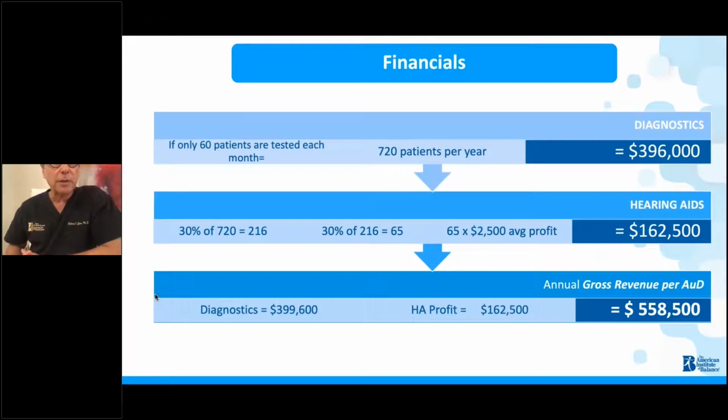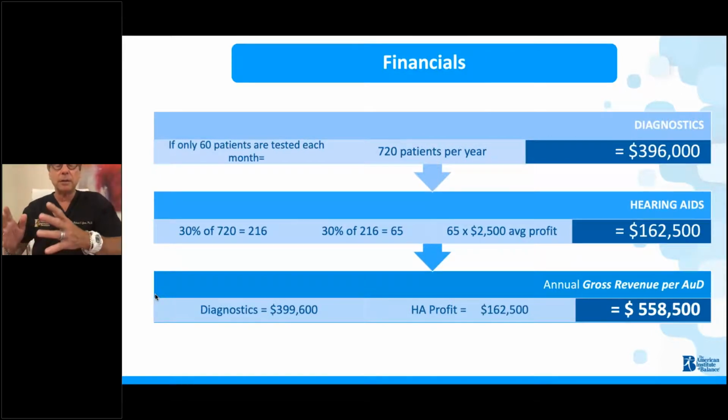So if you start looking at these numbers, right, and you start looking at a combination of the diagnostic revenue combined with the incremental hearing aid sales, because remember, you didn't need to do an open house, you're not advertising, these people are coming through your own clinic, they're coming into your own 4 walls without any increased expense.